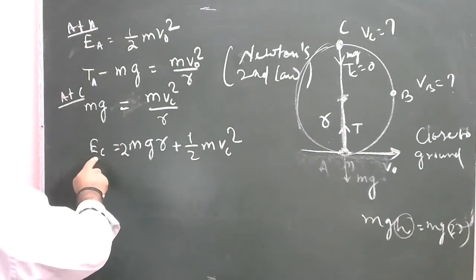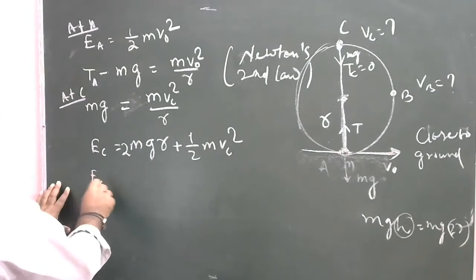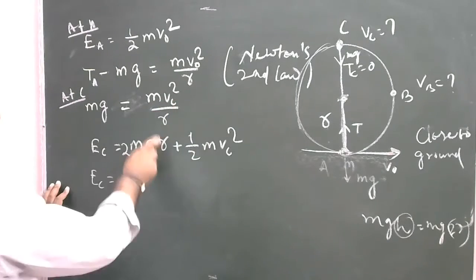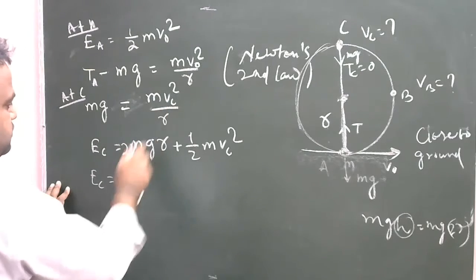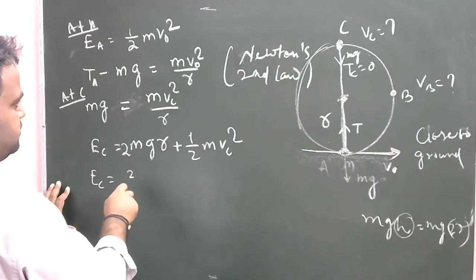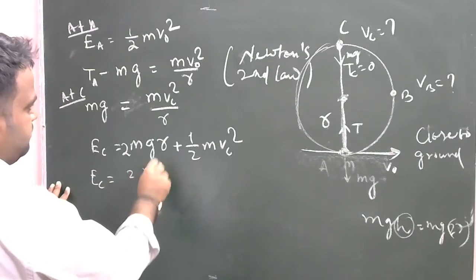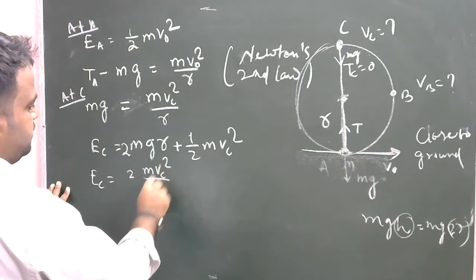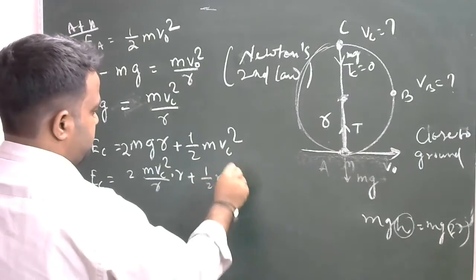mg is equal to this one and EC is equal to this one. So we can write EC is equal to, we'll simplify, that mg will write this one. So 2 mg is mv square upon r, mvc square upon r into r plus half mvc square.